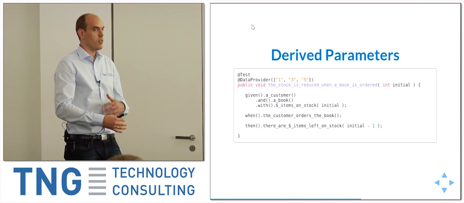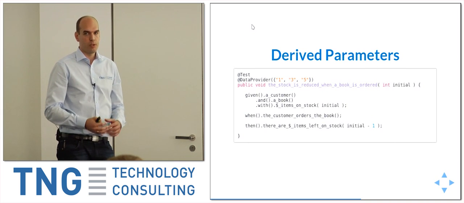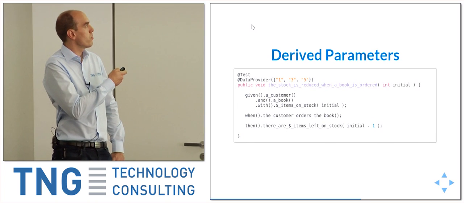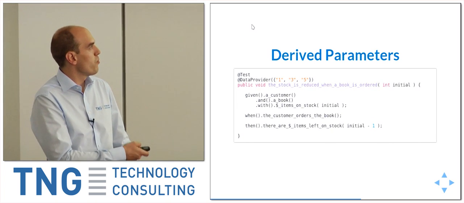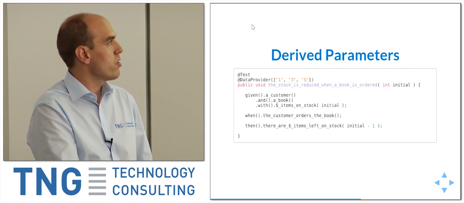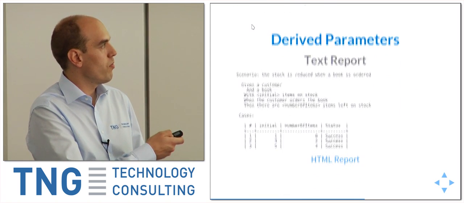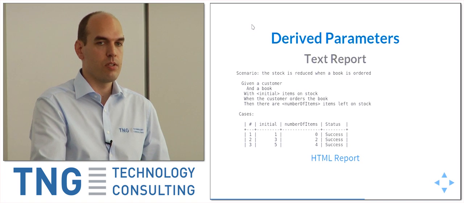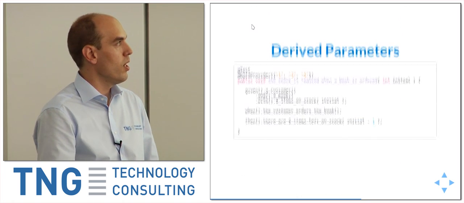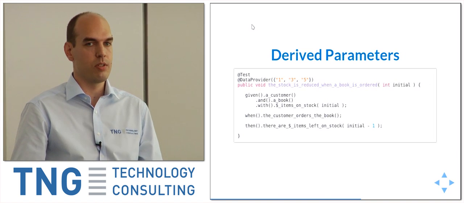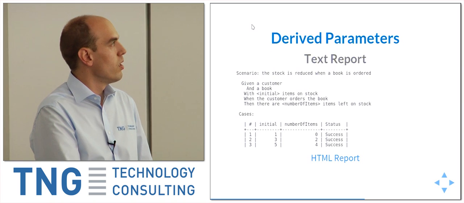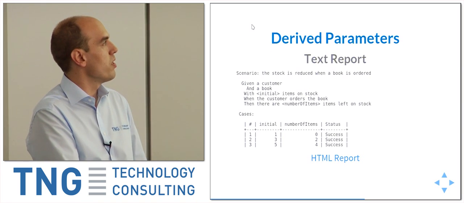It tries to find out after you have executed which parts are actually parameters, and they are extracted and filled in here. If you wonder where the name of this placeholder comes from, it's actually the parameter name of this step method. So this is also something which JGiven does. It parses everything of your code, and everything which you write in your code might influence your report. So that reduces the number of things you have to write.